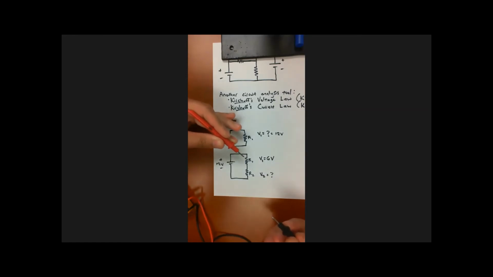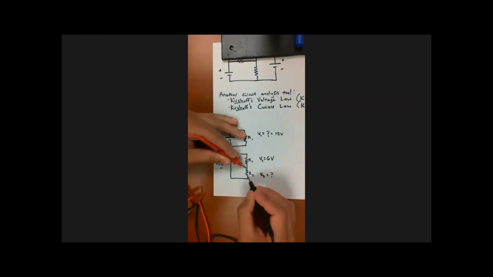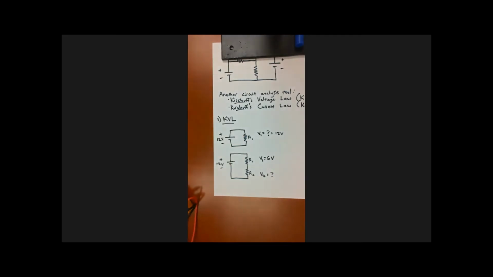Now I'm asking you, what voltage do we drop from here to here across R2? I think it's fairly intuitive to say that if we gain 12 here, we don't drop anything in the wires, and we drop 6 here, then whatever is left must be dropped here. And that's exactly right. V2 must be 6 volts.